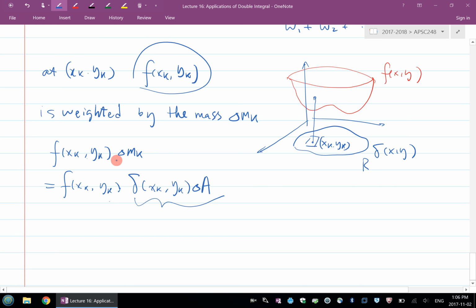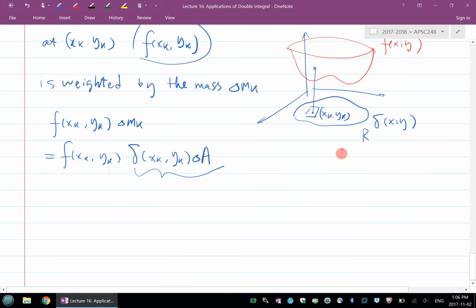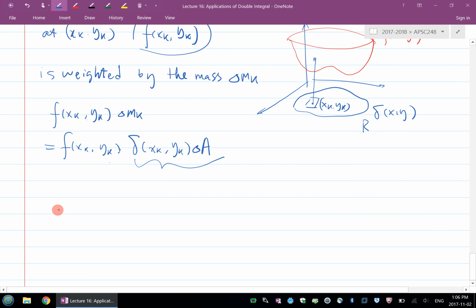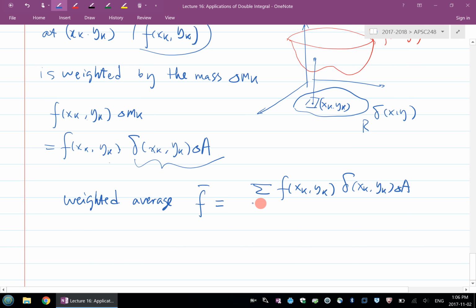So your weighted average, let's use f bar here, is you add up all of these single quantities, then you divide by the addition of all the weights.